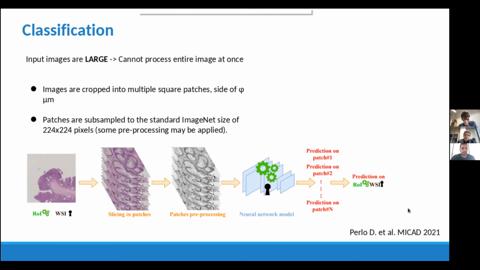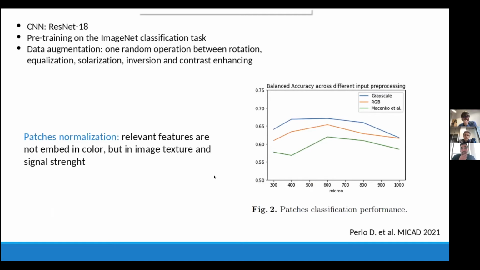and then we obtain our predictions. And of course, before feeding the images as input to the network, we can apply different kinds of pre-processing. So for example, we can focus on normalizing the color.